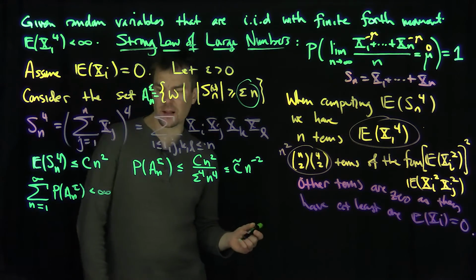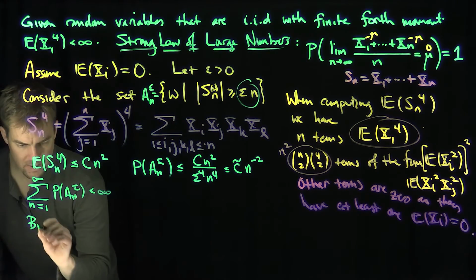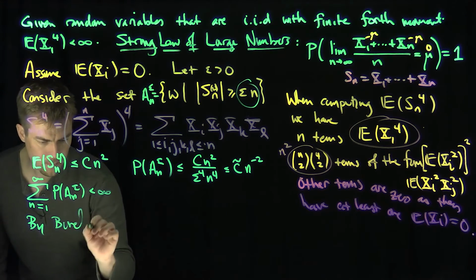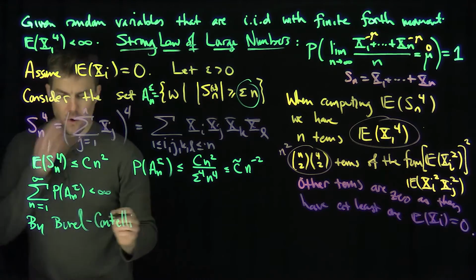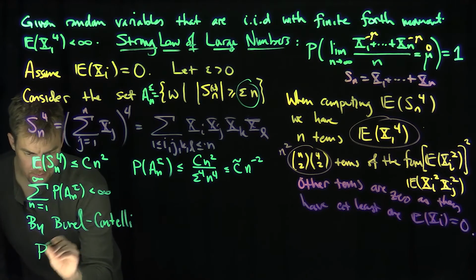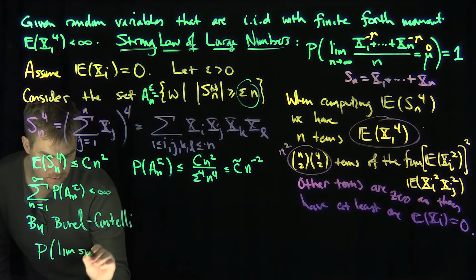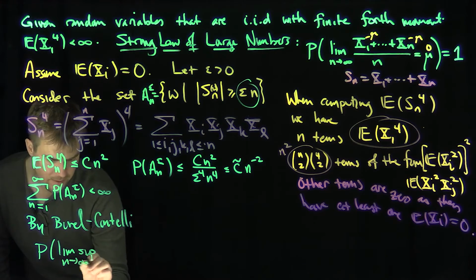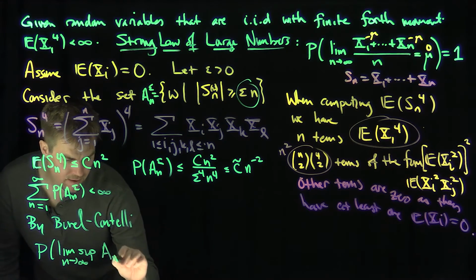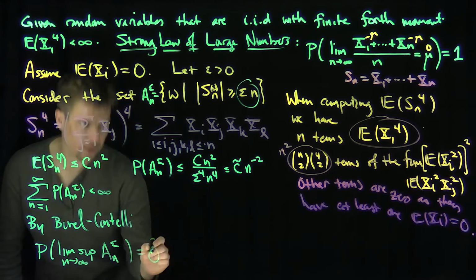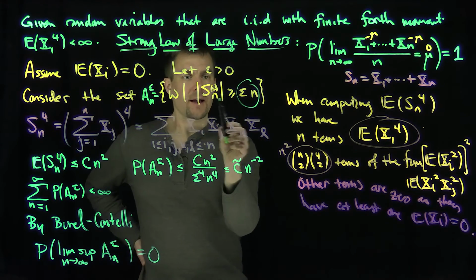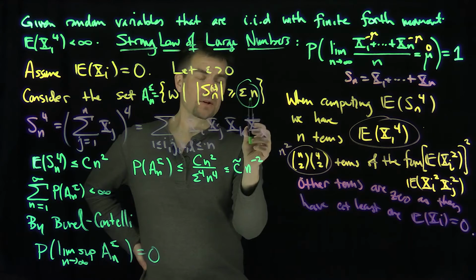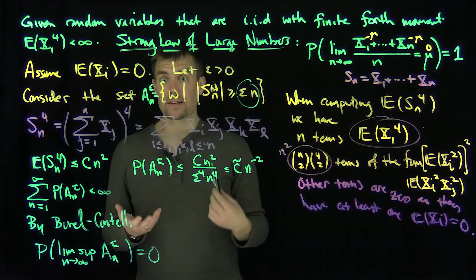And so by Borel-Cantelli, we have that the probability of the lim sup as n goes to infinity of An epsilon is equal to 0. So in other words, the set where Sn is bigger than or equal to n epsilon can only happen finitely many times.